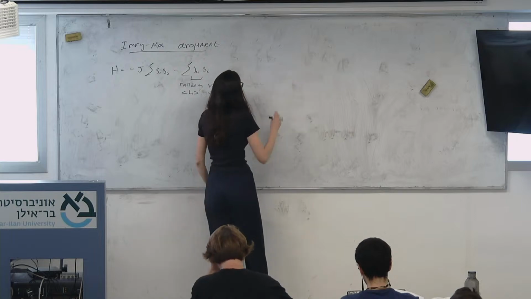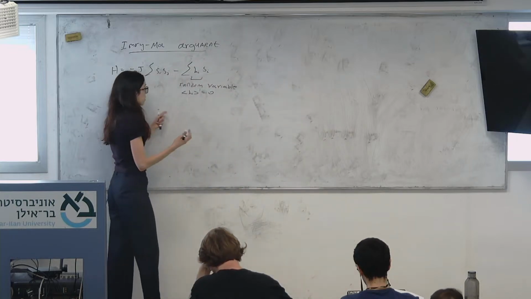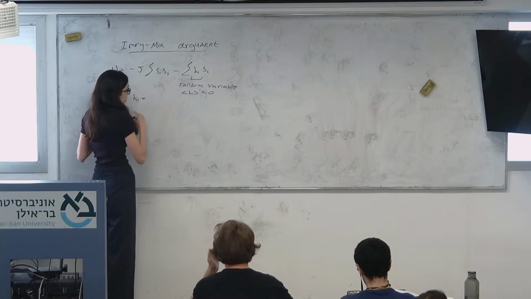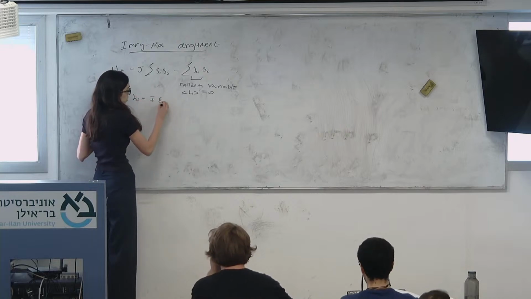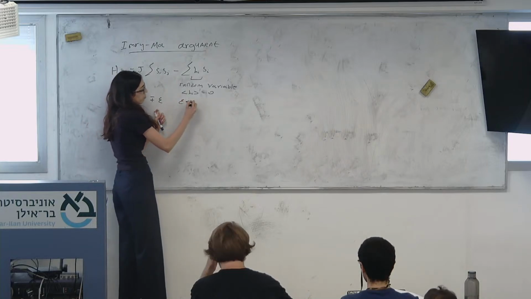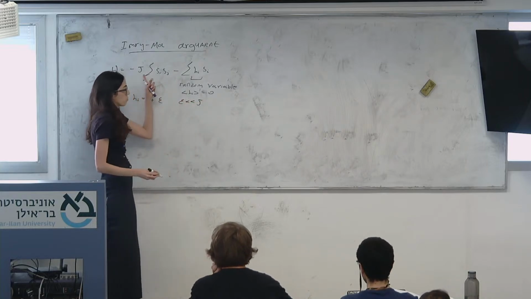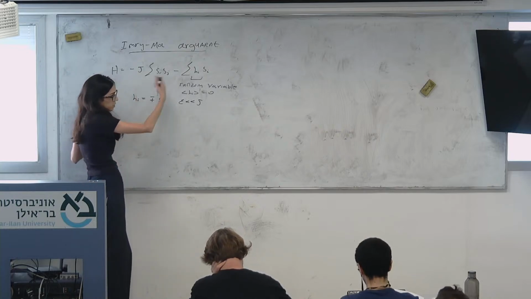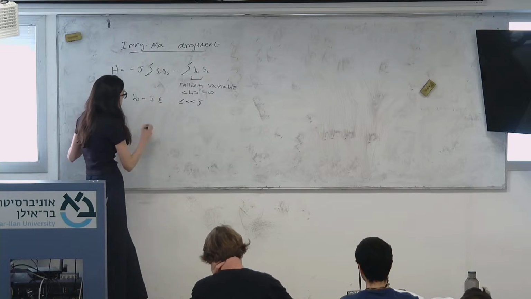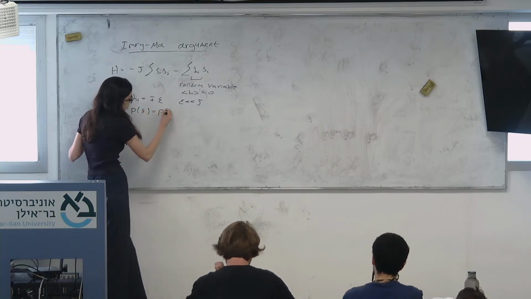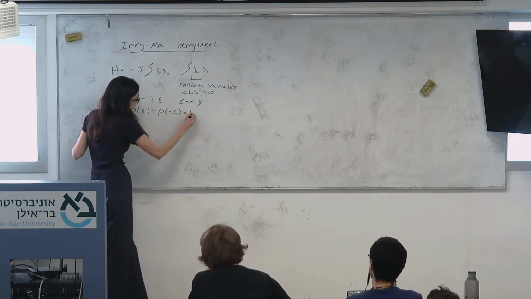So we look at a specific case where h_i is equal to either plus or minus epsilon, where epsilon is just a number that's very small compared to the coupling. So this is like a weak random field. And the probability to have epsilon or the probability to have minus epsilon is equal to half.